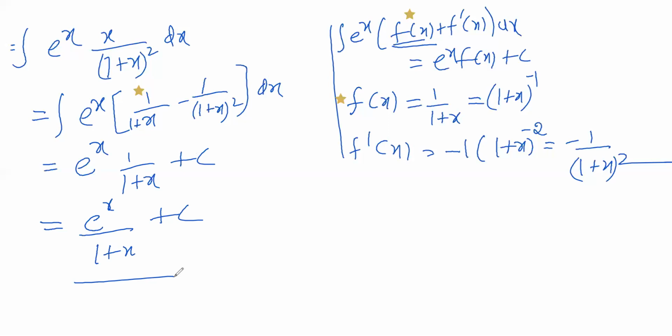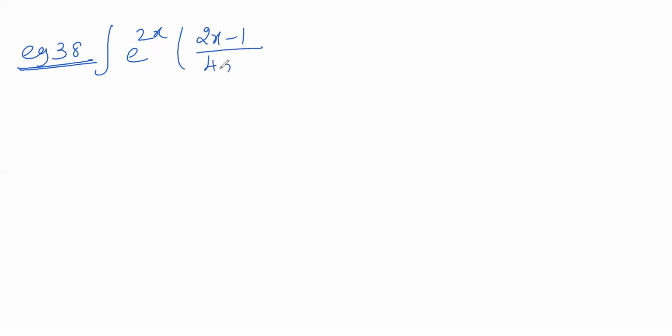Now moving to example 38. Integral e power 2x into 2x minus 1 by 4x squared dx. Here we are having e power 2x, which is of the form e power ax.